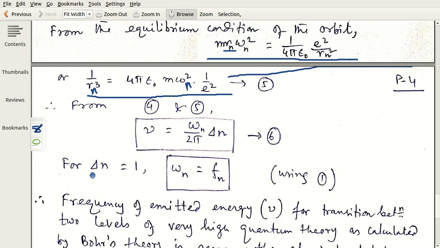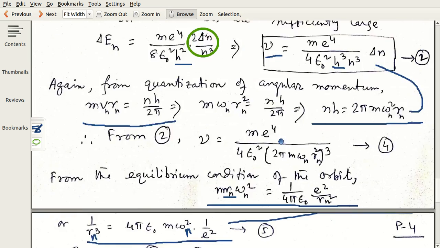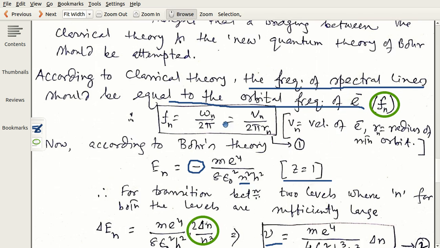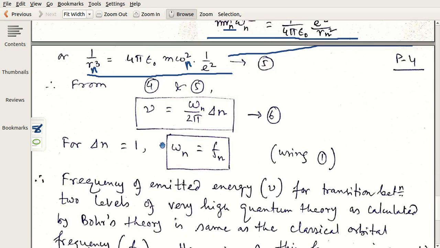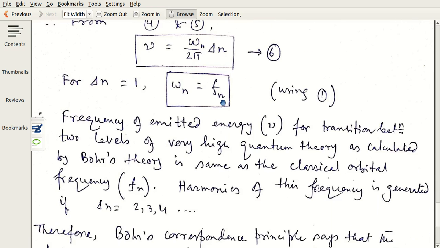Now if you say that delta n equals 1, that means transition is taking place between two consecutive levels. Then our omega n equals Fn. What is Fn? As we have seen, omega n by 2 pi means the frequency of the orbital electron in the orbit, the frequency of circulation in the orbit, which is the classical result.